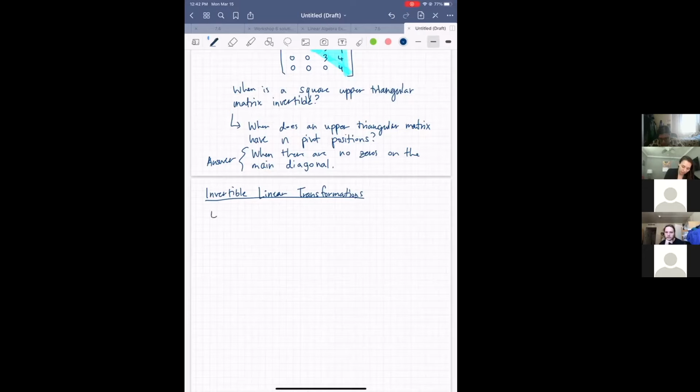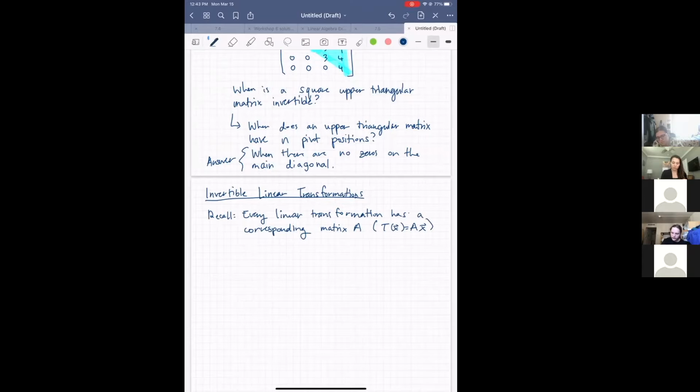So we know that every linear transformation has a corresponding matrix A, so we can express our linear transformation as just multiplication by that matrix, right?